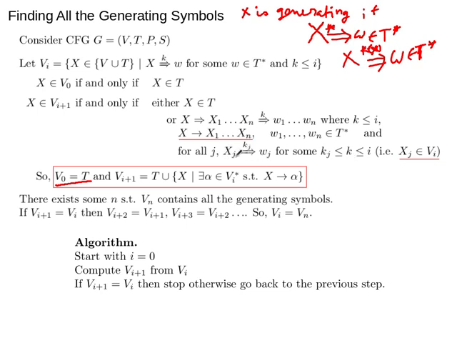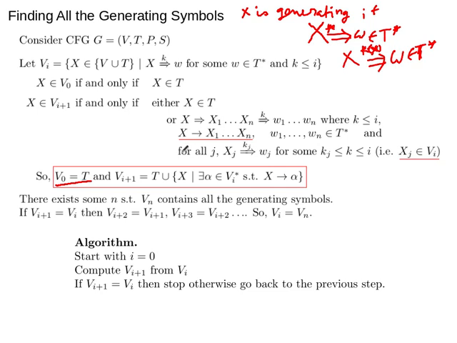That means all these xj's are in Vi because of the definition, right? Because from here you are going to some w over terminals within how many steps? Within i many steps. So each of these is in Vi, and this is a production.